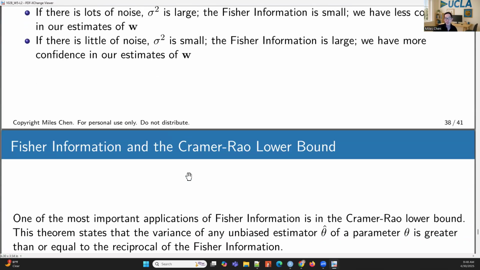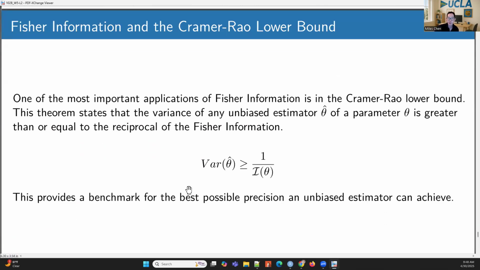The Fisher information has an important application in the Cramer-Rao lower bound. The Cramer-Rao lower bound is a theorem that states that the variance of any unbiased estimator theta hat of some actual parameter theta is always going to be greater than or equal to the reciprocal of the Fisher information.